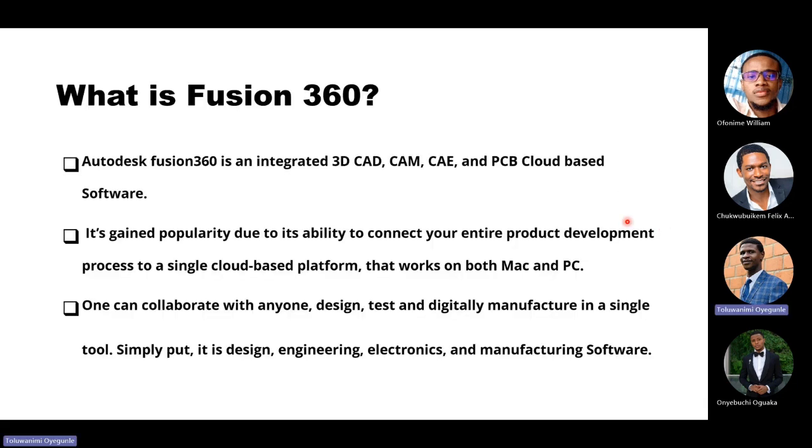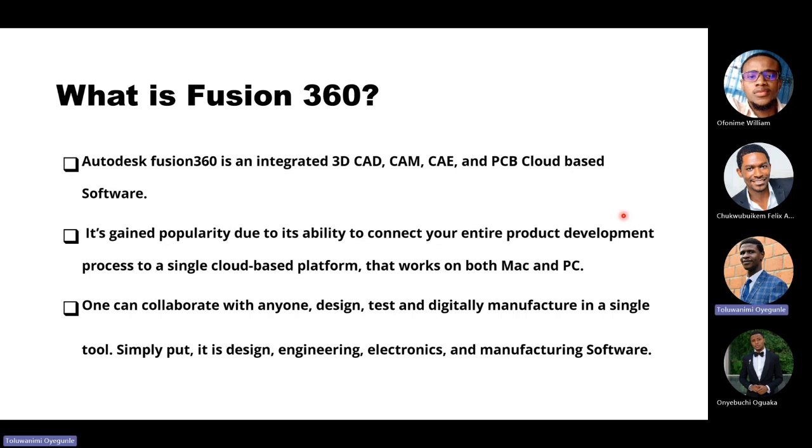All right, so what is Fusion 360? Fusion 360 is a product development package software that is integrated with several different tools. 3D CAD, what that means is computer aided design. CAM, what that means is computer aided manufacturing.